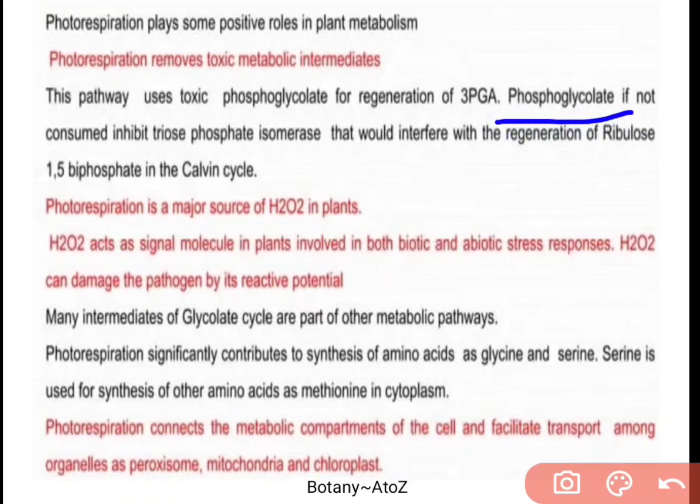It can inhibit the triose phosphate isomerase enzymes. So the phosphoglycolate which is being produced by the oxygenase activity of RuBisCO is converted into other useful constituents like amino acids, and at the same time, when the phosphoglycolate is being converted into useful components, we are saving triose phosphate isomerases from getting inhibited by it.